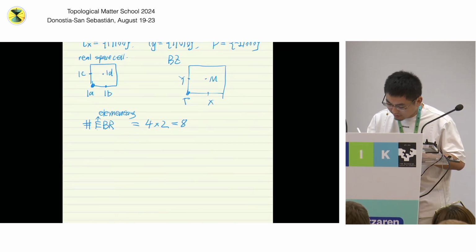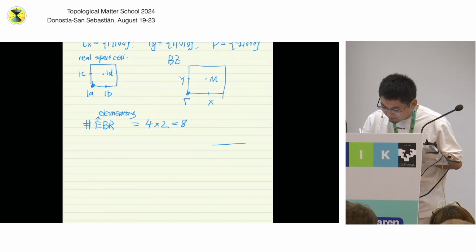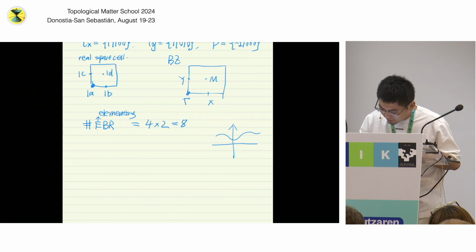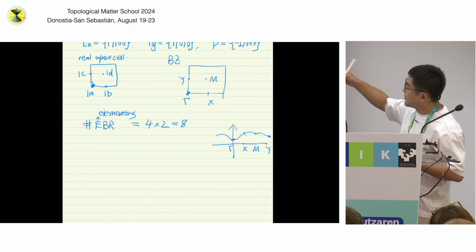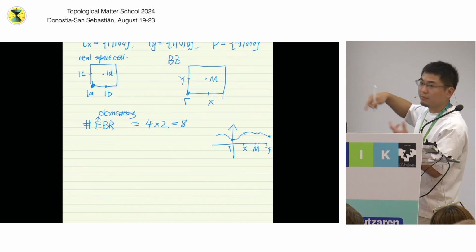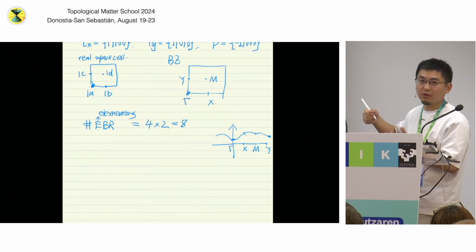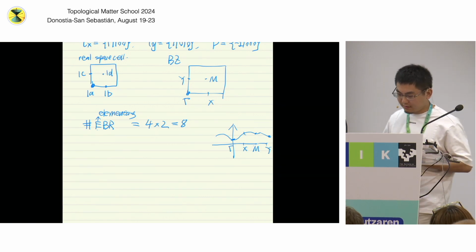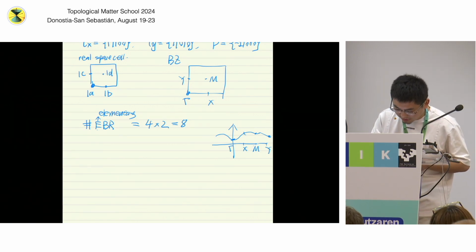Now let's imagine how many possible band structures we could have for one band in momentum space. So consider one band. We have 4 different high symmetry momenta. And at each momentum, we have 2 possible parities, either even or odd, right? So how many possible band structures?